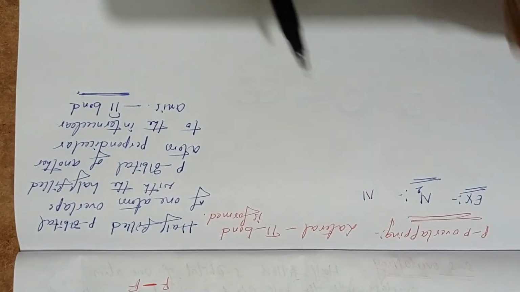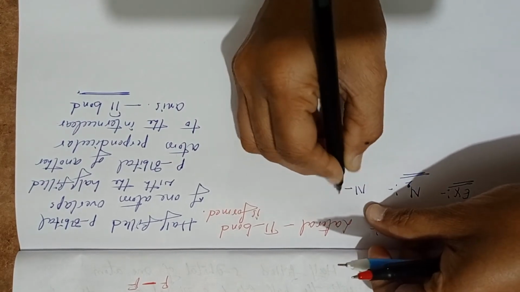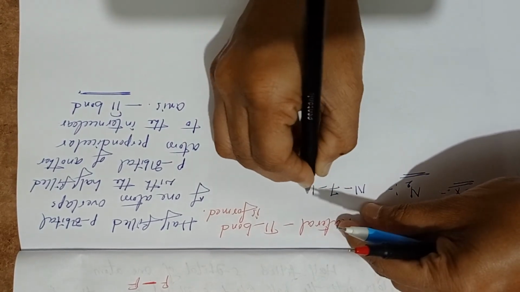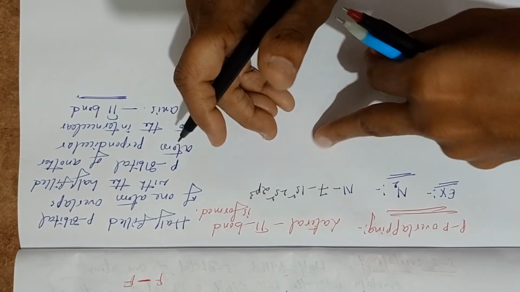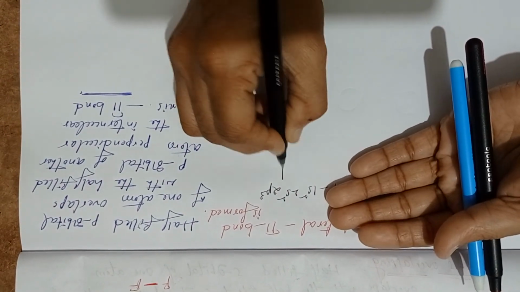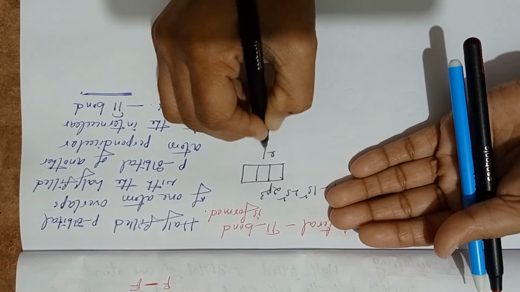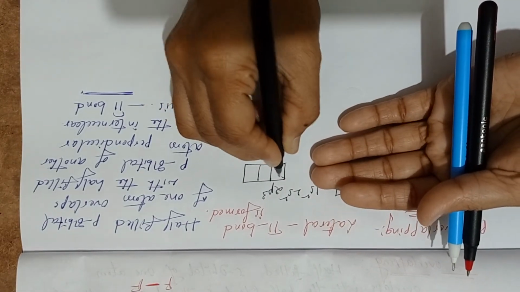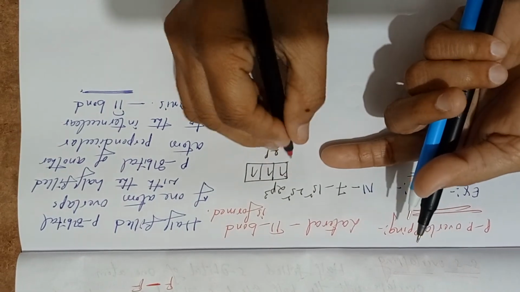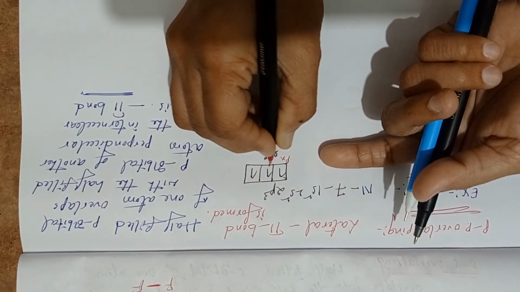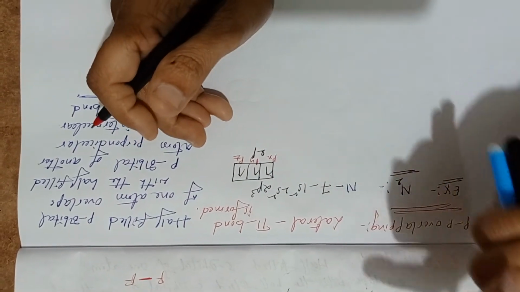Okay. Now see, students, nitrogen atom. What is the electronic configuration? Atomic number 7. Electronic configuration 1s2, 2s2, 2p3. That means in 2p3, how many half filled orbitals are there? 1, 2, 3. Correct? That means px, py, pz. Here 3 orbitals are involved in the overlapping, students.